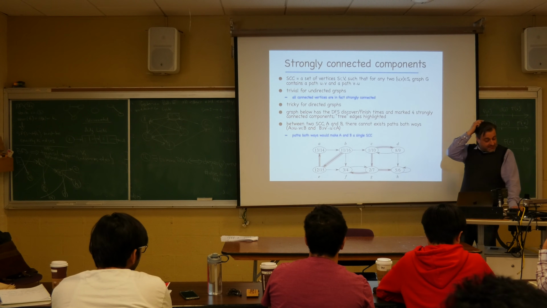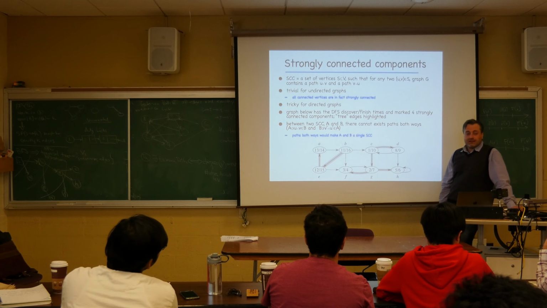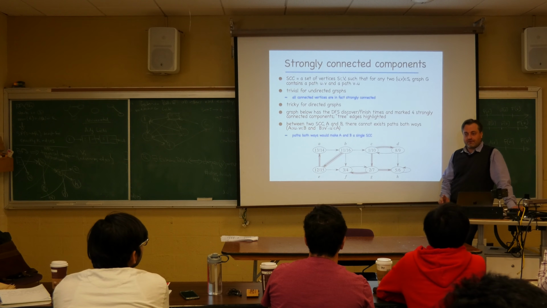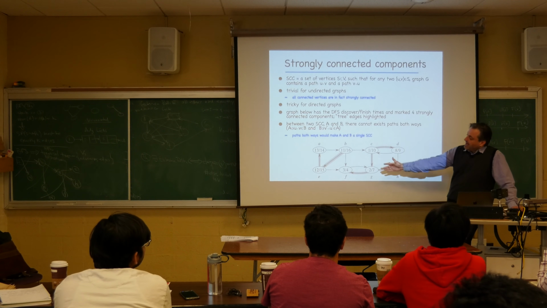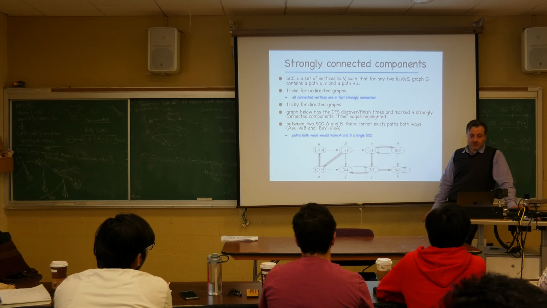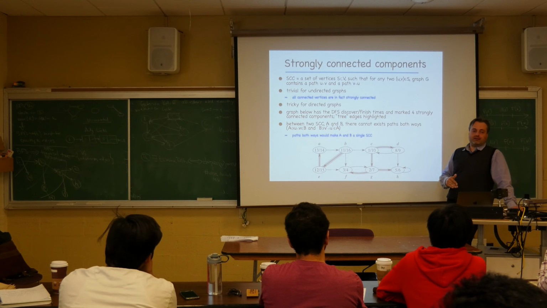So the last piece that we need to do, and we won't finish it today, but it's something I think you've seen, but not the proofs of it. So the proofs we have to do. If I have a graph like this one, it's a directed graph. I can break it into strongly connected components.